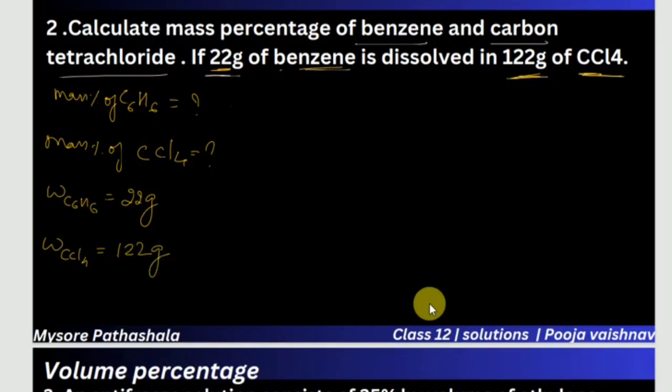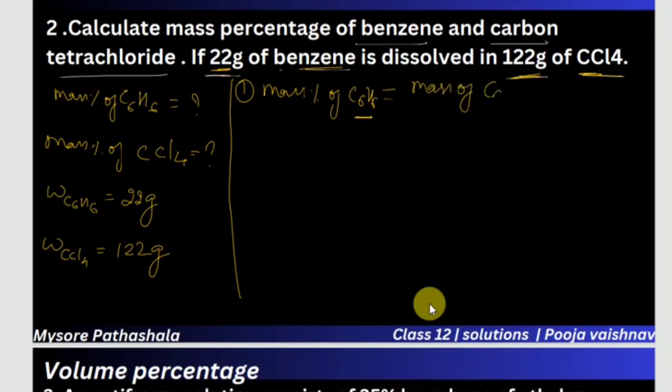We have written the given data, and now what do we need to find out? First we find out the mass percentage of benzene. Whenever we need to find the mass percentage of any component, we take the mass of that component. It means mass of C6H6 divided by total mass of solution into 100. This is the formula, right?